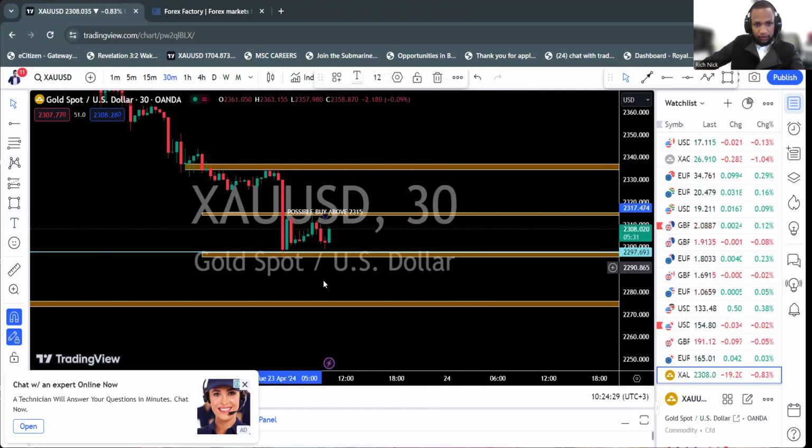And then also down here, a possible sell below the 22.95 area over here.